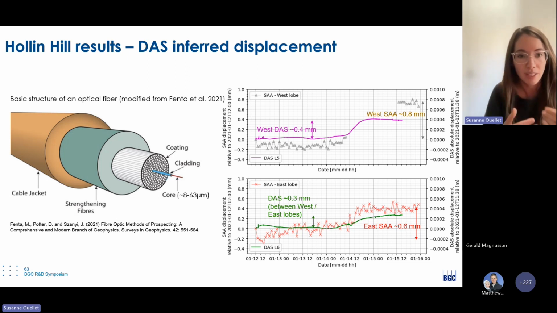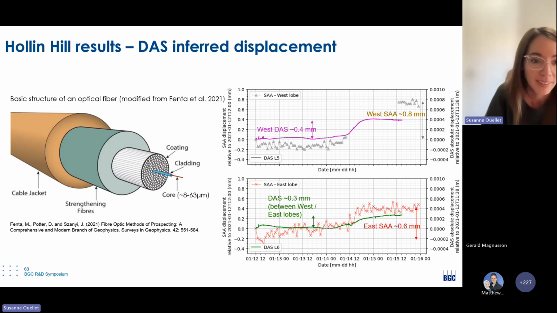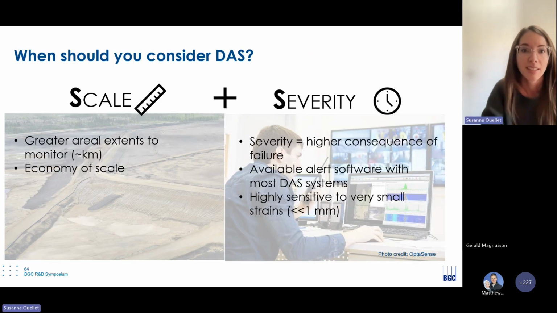Because of the effects of these different layers, there's strain transfer occurring between them. The cable is essentially protecting the fiber from experiencing too much strain and breaking. So it also helps to explain why the magnitudes that we're seeing in our DAS are slightly less than the SAAs.